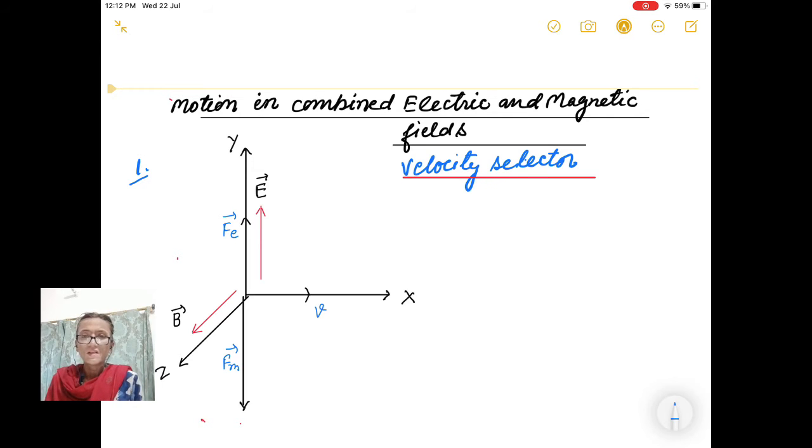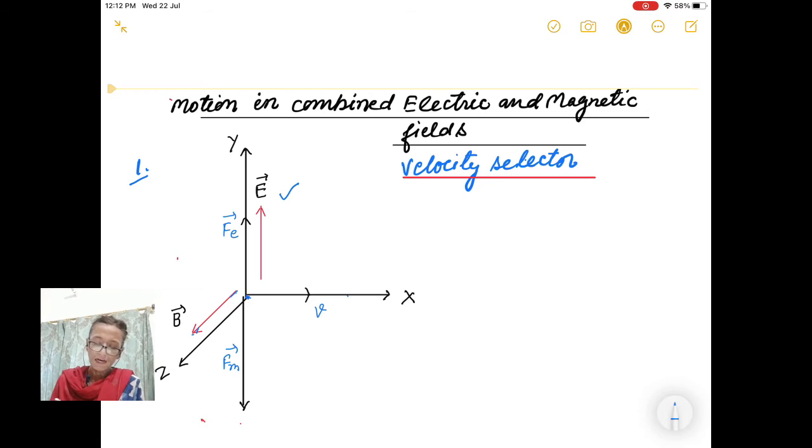Now, motion of a charge in combined electric field and magnetic field. Suppose you have, as shown in the diagram, an electric field in this direction and a magnetic field at the same point along the z direction, and the velocity of the particle is along the x-axis.